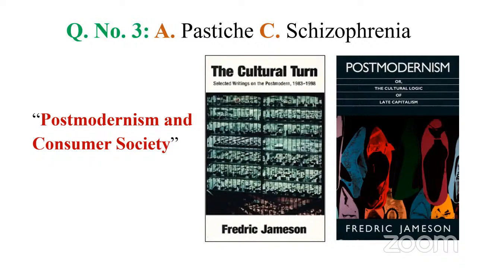If you have schizophrenia, we can't tell whether it is reality or we live in our own illusion, the world we have created for ourselves, a kind of delusion. So if you have this disorder, there is no distinction between reality and delusion. And Frederick Jameson says, when we read postmodernism, when we experience postmodernism, this is what happens to consumers. We experience schizophrenia.